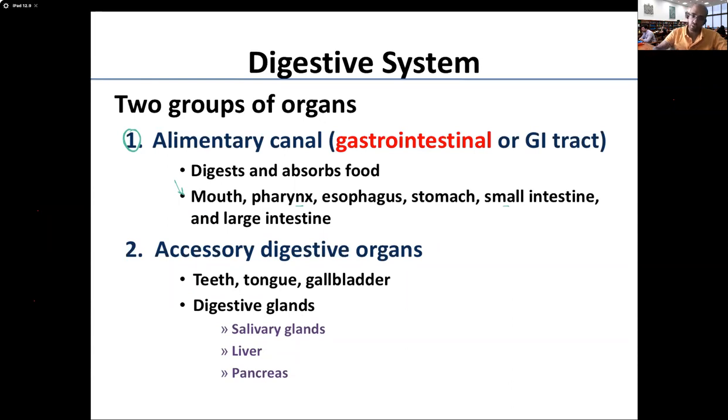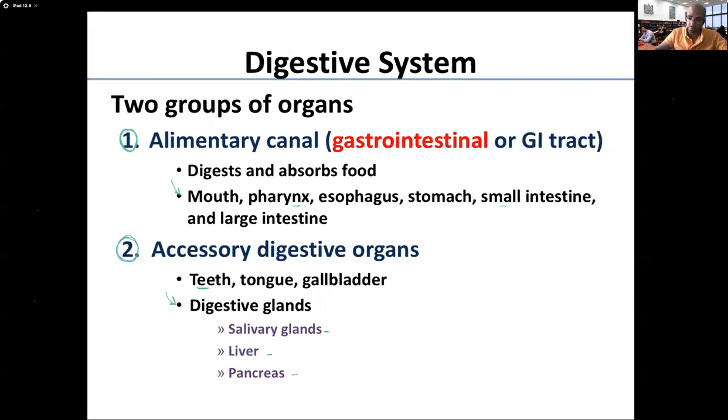Associated to the gastrointestinal tract, we have accessory digestive organs. This includes the digestive glands like the salivary glands, the liver, the pancreas. We also have other accessory digestive organs other than the digestive glands. This includes the teeth, the tongue, and the gallbladder.